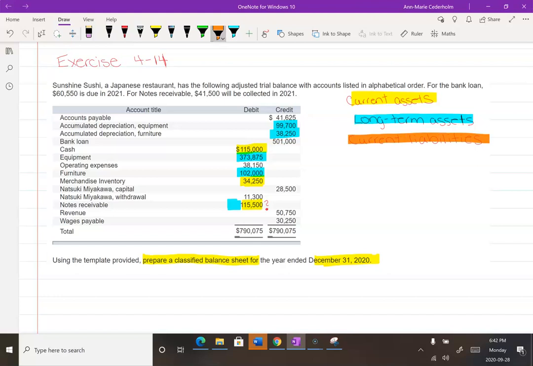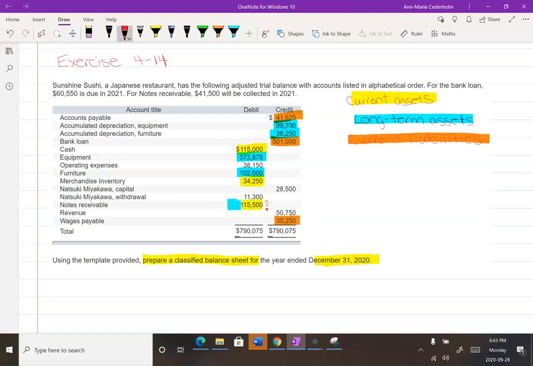Okay, so when we think of those types of debts, we're thinking accounts payable, we're thinking wages payable. So basically anything that says payable after it could be a current debt. Now I'm not too sure actually about this bank loan. I could have the same problem with the bank loan, that I could have a current portion and a long-term portion on that.